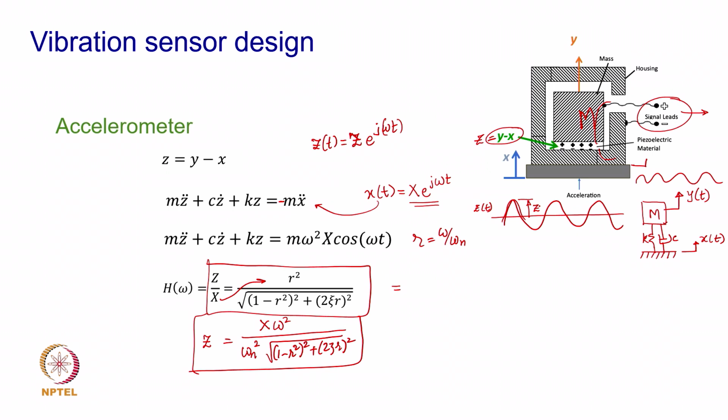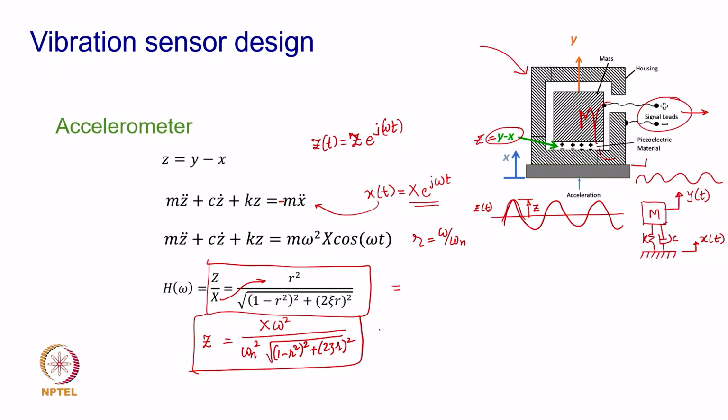Can we say that for a given sensor, the entire denominator is a constant value for a given input frequency? Yeah. If you are subjecting it to a particular frequency, then the denominator, particularly omega n and zeta, these are constant values. Of course, r will change with the excitation frequency.